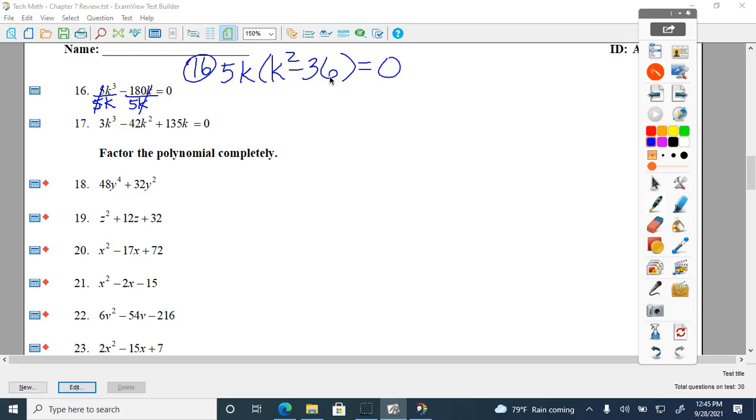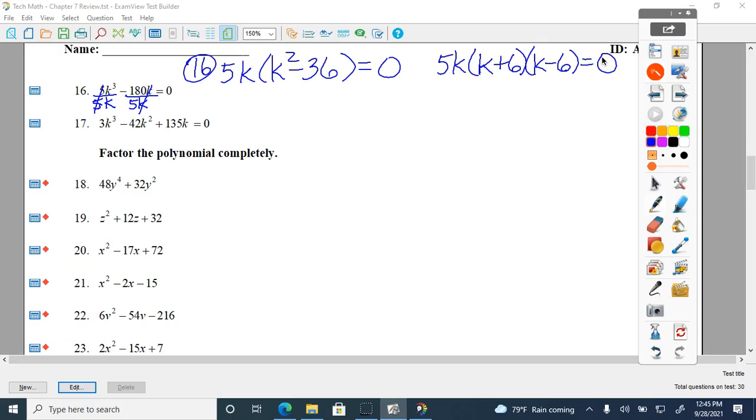Those are both perfect what? They're both perfect squares, and I'm subtracting them. So I can factor it just a little more. It's going to be K plus 6 times K minus 6 equals 0. Now it looks like 13, 14, and 15.